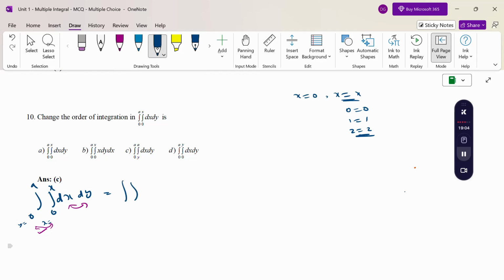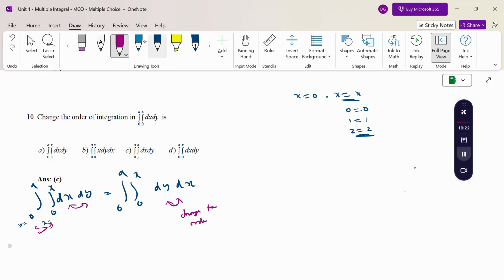Now double integration 0 to x, 0 to a, dy dx. Now the question is in proper form, and we only change the order of integration. So to proceed, change the order.